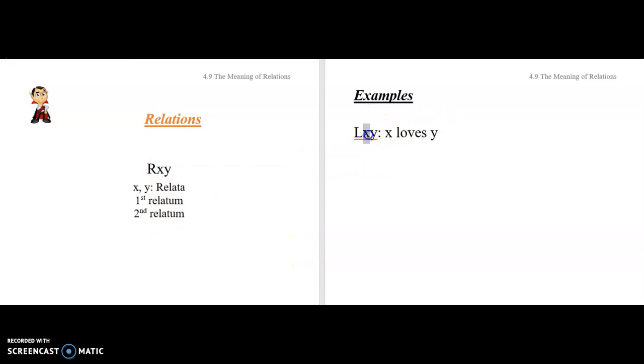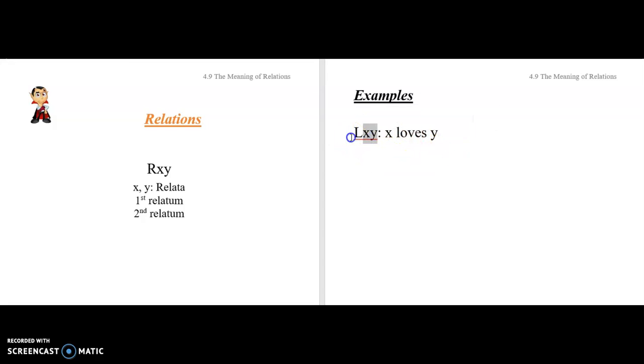The first thing does the loving, and the second thing receives the loving. X bears the relation L to Y, but it does not automatically follow that Y bears the relation L to X. That is, it's not necessarily the case that Y loves X.